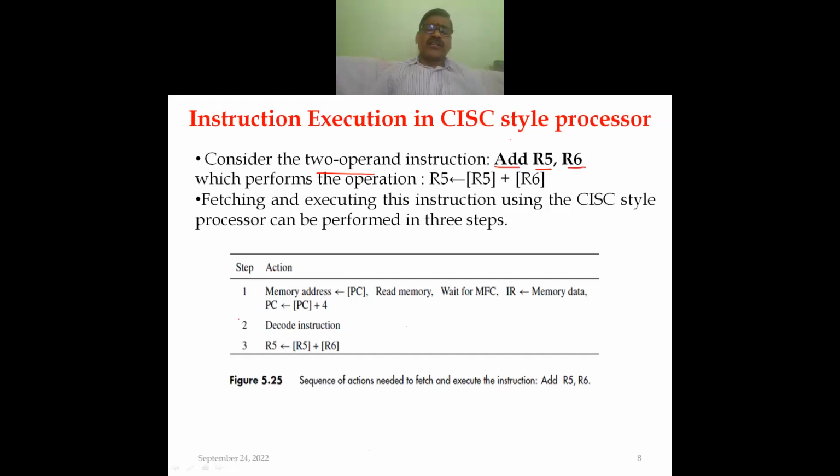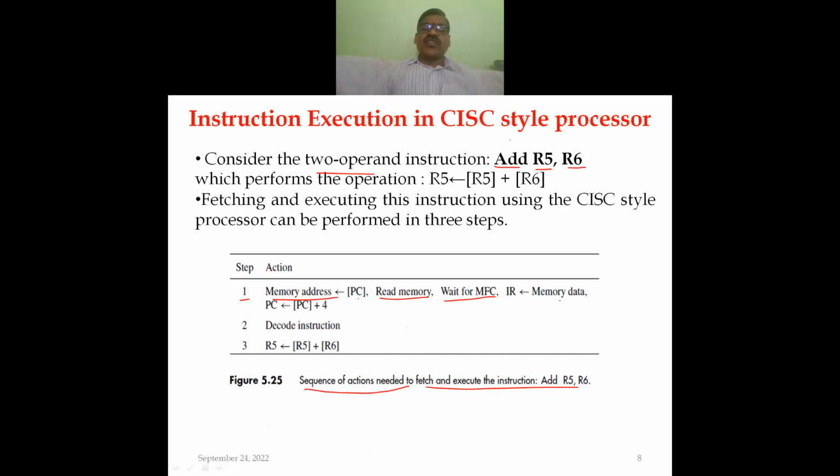So this is the sequence of actions needed to fetch and execute this instruction: only 3 steps for completing the instruction execution in CISC style processors. In step 1, the contents of PC are loaded into the memory address register, and the read memory control signal is issued by the processor, and then the processor will wait for MFC.